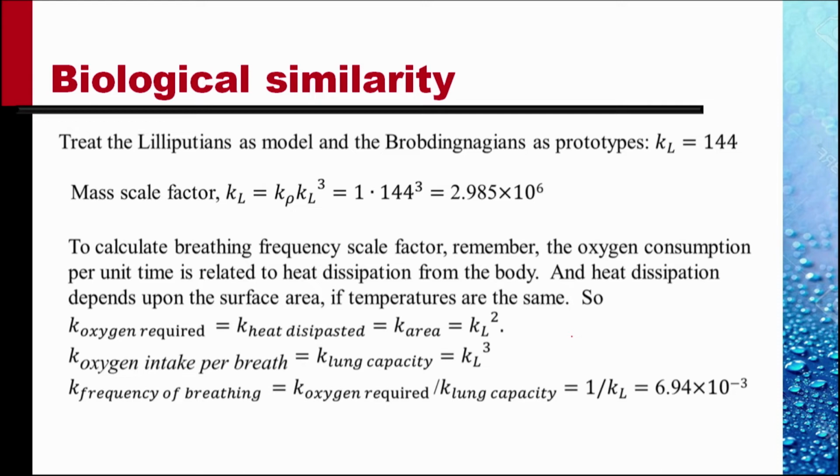And so that turns out to be 1 over KL. So it would be 6.94 into 10 raised to the minus 3. The giants would breathe much slower, 2 orders of magnitude, 3 orders of magnitude slower than the Lilliputians.